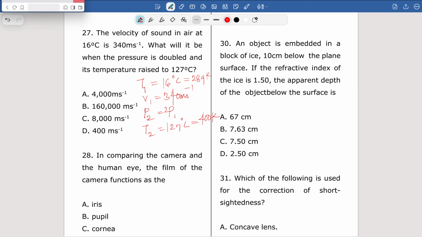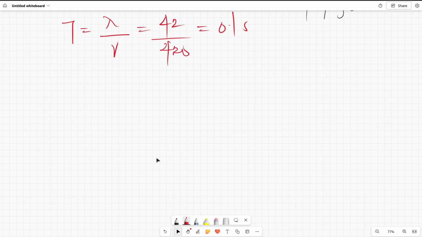Okay, velocity of sound, there are some formulas. It's something we can use, the ideal gas equation.